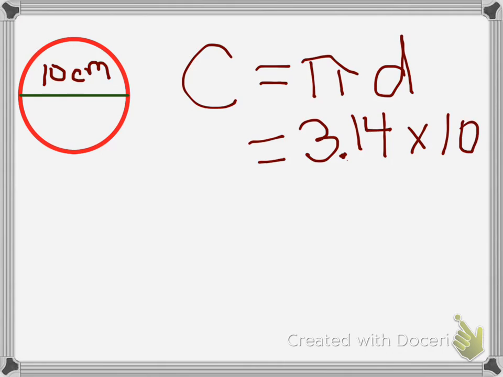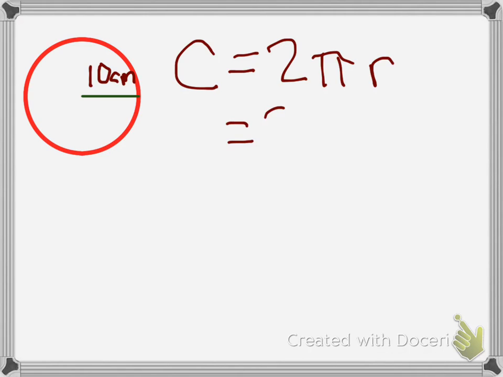So I substitute 10 in for the diameter. Now I need to multiply, and I get 31.4. And my units are linear units, so they're centimeters in this case. So our answer to the circumference of this circle, or the distance around it, is 31.4 centimeters.